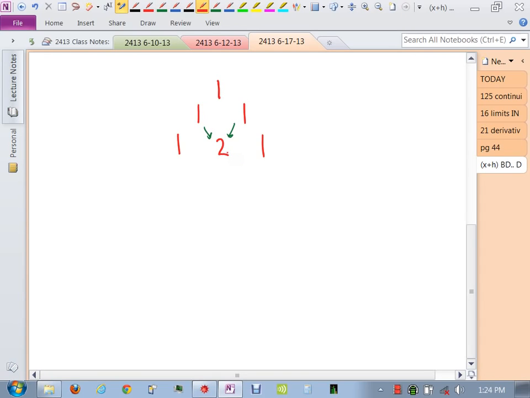The next row has to have how many numbers in it? 4. The 2 ends are 1s. The 2 numbers that we need come from adding the 2 and the 1, and then the 2 and the 1, which gives me 3 and 3. Do y'all see how that is coming out? What would the next row be? Pascal's triangle.